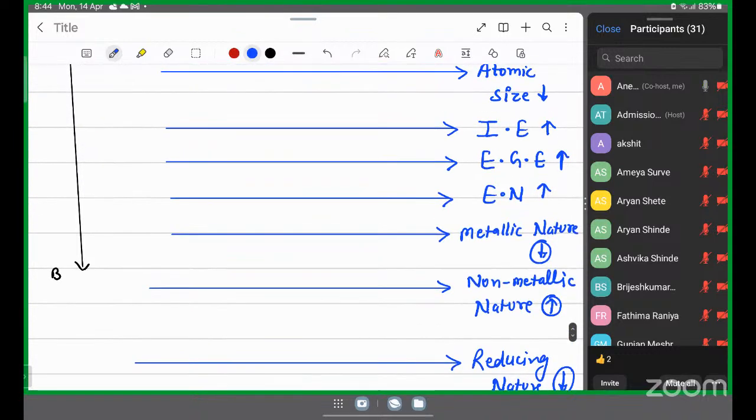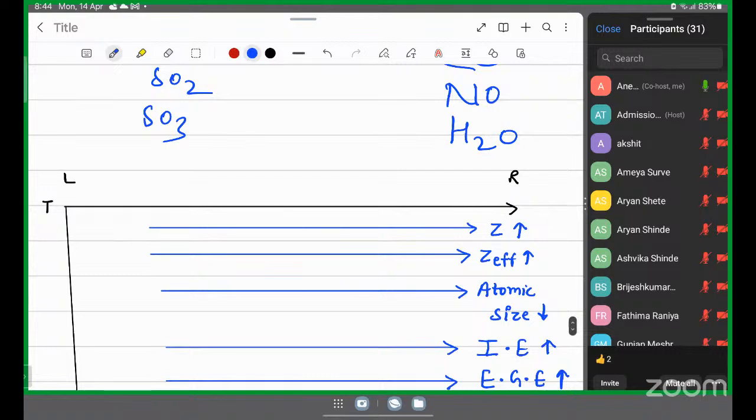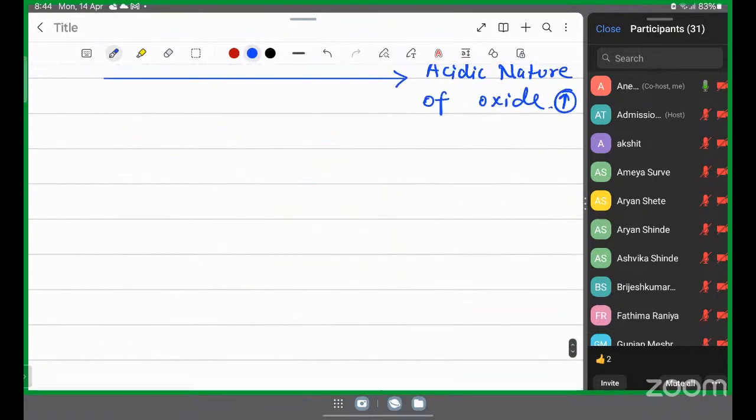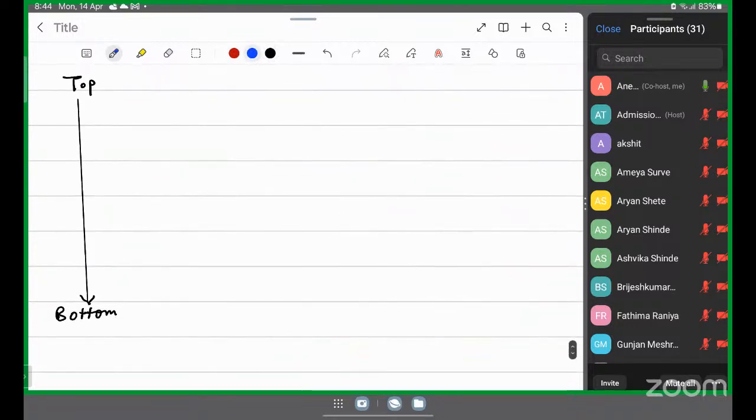Okay, now whatever the trend in periods, it will be opposite in groups. So if we are going top to bottom in a group, first point, atomic number Z increases.